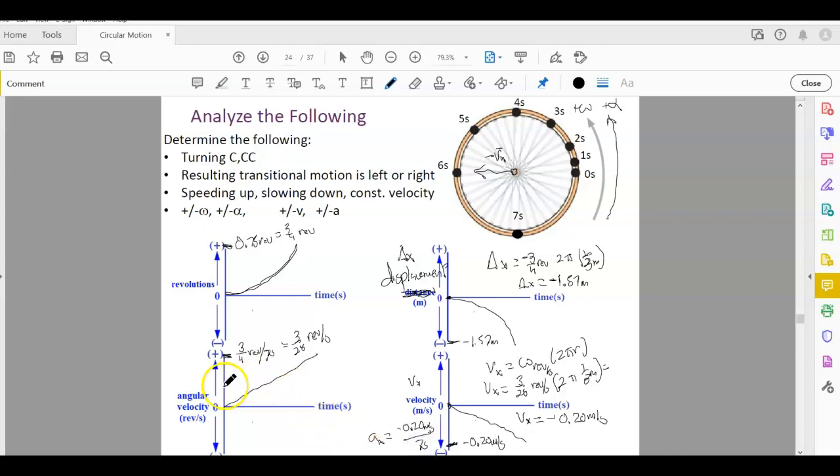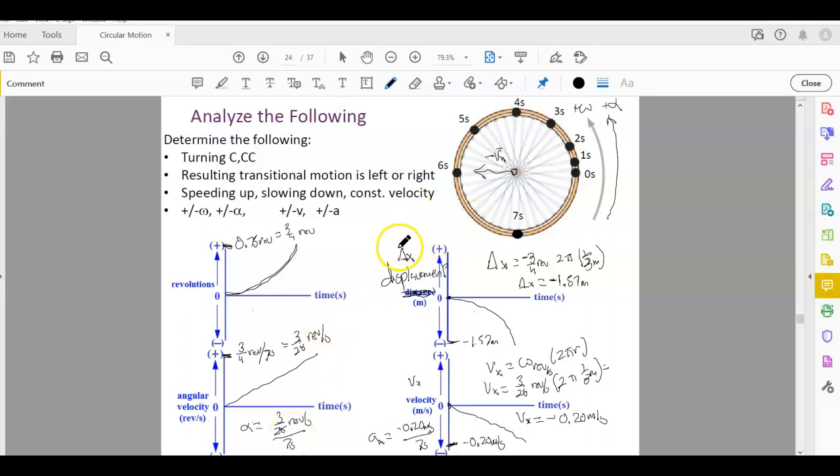And the angular acceleration here is just going to be the rotational velocity divided by time. So it'd be 3/28 revolutions per second divided by 7 seconds. So 3/28 times 7. And that would be revolutions per second squared. Okay?